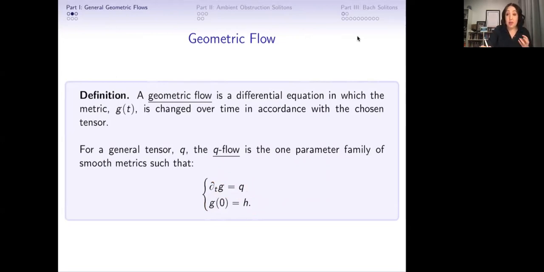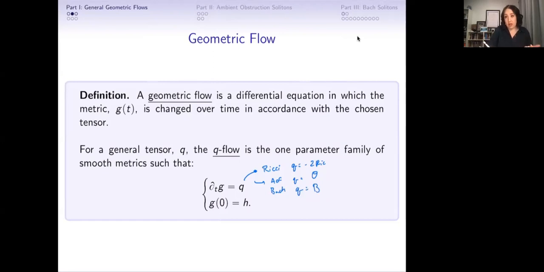So some of our favorite flows would be something like the Ricci flow, which is going to be the case where Q equals -2 Ric. And then today we're going to look at the ambient obstruction flow, where Q is equal to my ambient obstruction tensor, and the Bach flow, where Q is equal to the Bach tensor, right?